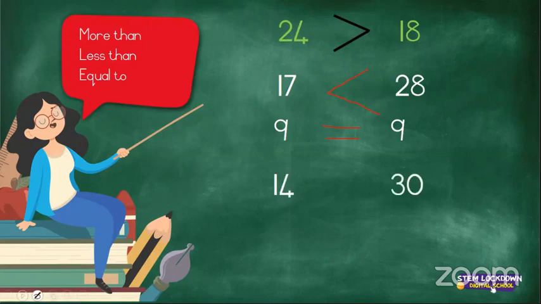14 and 30. Have a look. Write the numbers down. 14 and 30. Good. So you've got those numbers written down on your page, boys and girls.